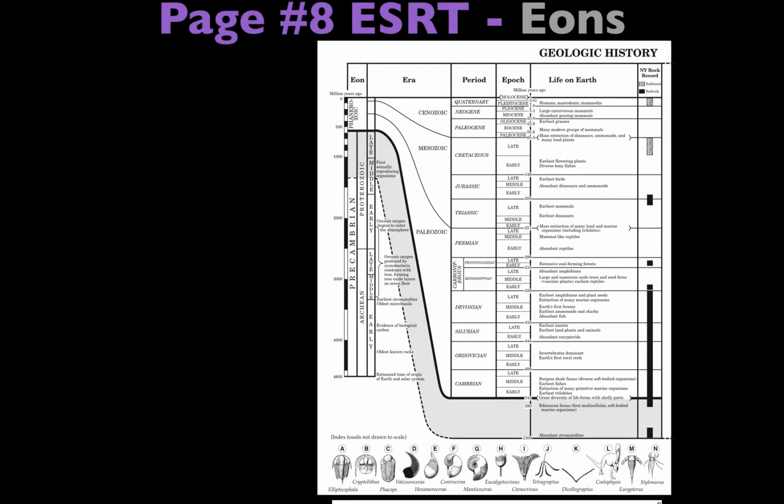Looking at page 8 of the reference table, the very first column that we need to understand is for an eon. Now there are two eons that represent this geologic time scale, and they take up the most time in Earth's history. Let's get a closer look by zooming in. The units of measurement for this time scale are going to be millions of years ago.